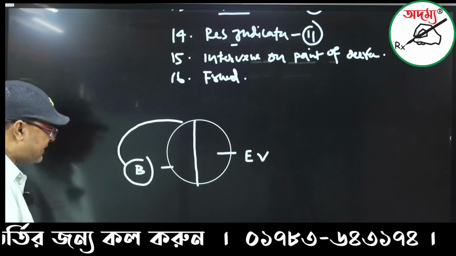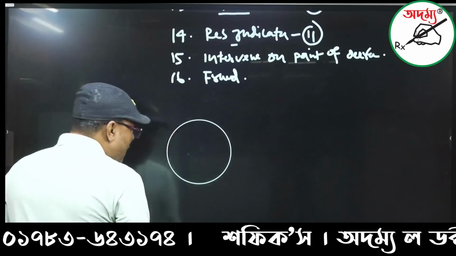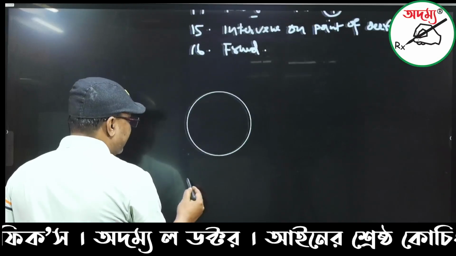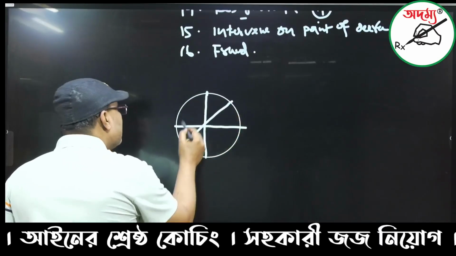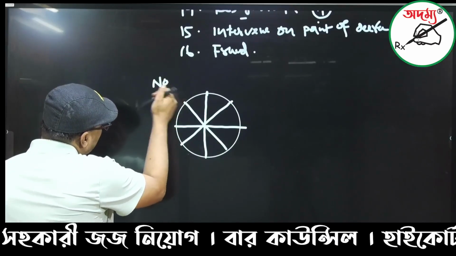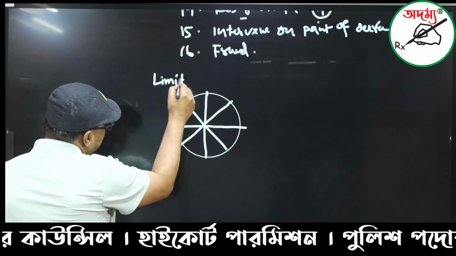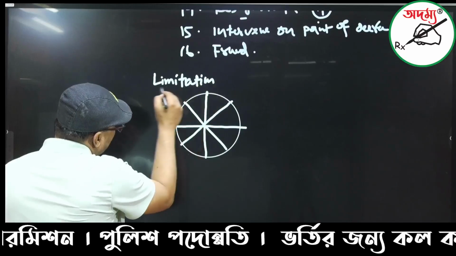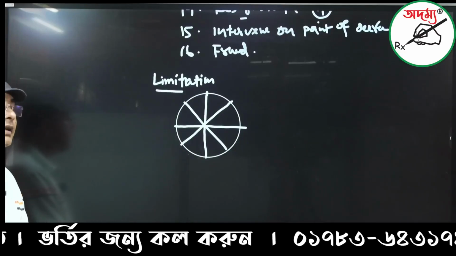And not only that, the non-applicability of this principle or doctrine. On what point is that doctrine not to be practiced in our country? That should be prescribed in this pie chart. So there is a non-applicability or limitation: on what point is this power not exercised before the court of law?